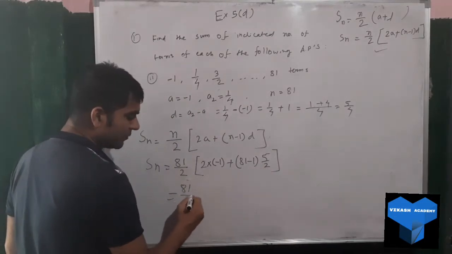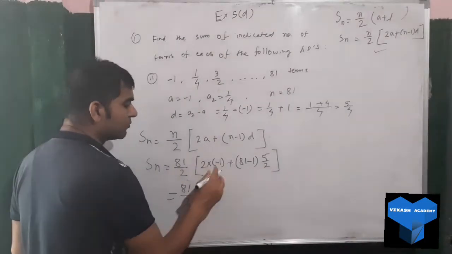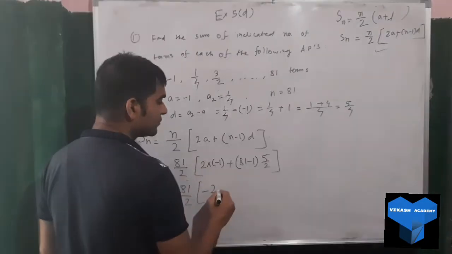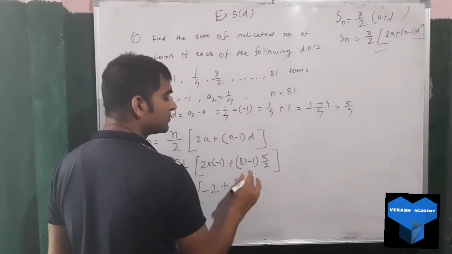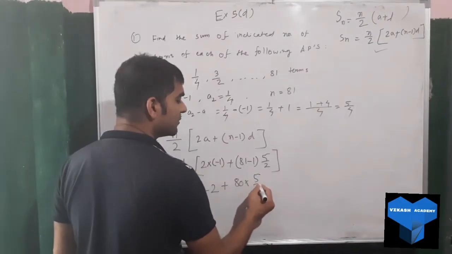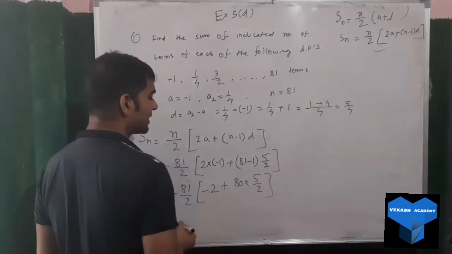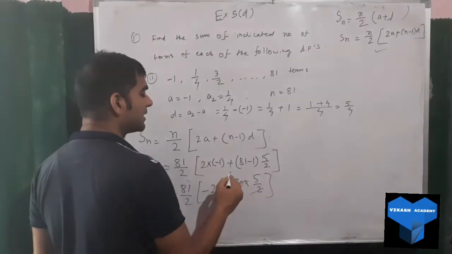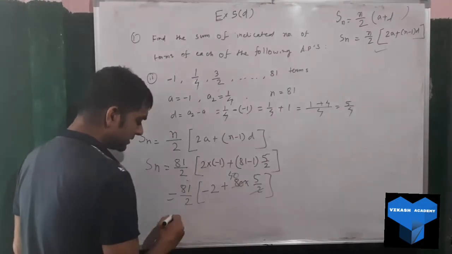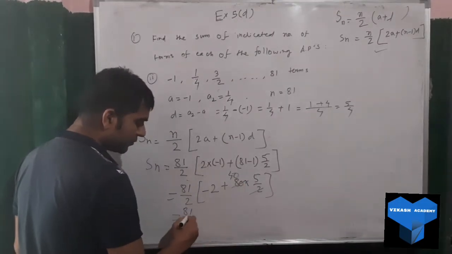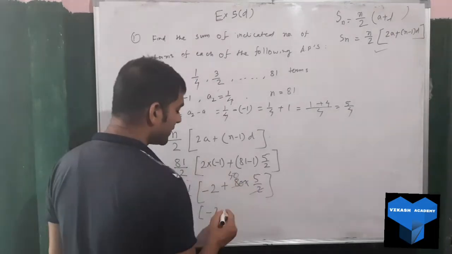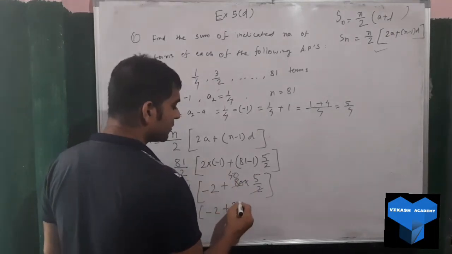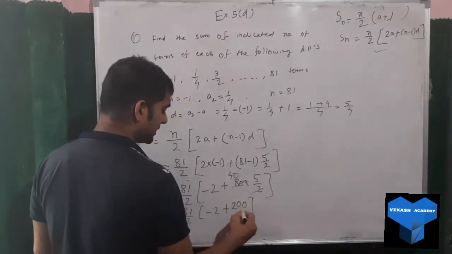81 by 2 will be the same. 2 into minus 1 will be minus 2, plus 80 into 5 by 2. Close the bracket. What can we cancel here? 2 into 40, we get 40. So 81 by 2, minus 2, plus 40 into 5, which is 200.